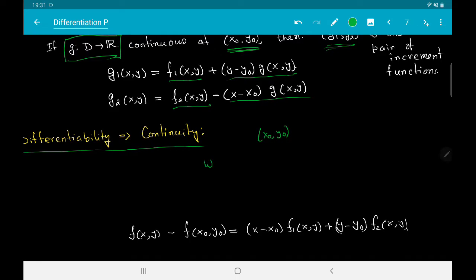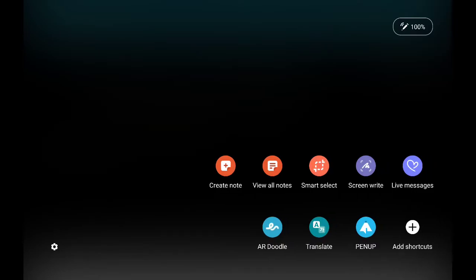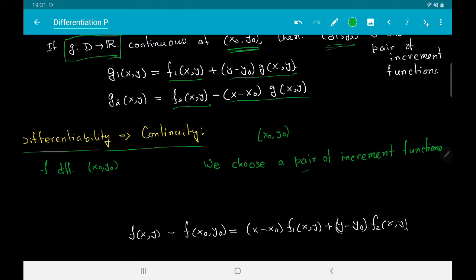If f is differentiable at the point x0, y0, then we choose a pair of increment functions, and we write down the equation that we got by the definition of increment functions.